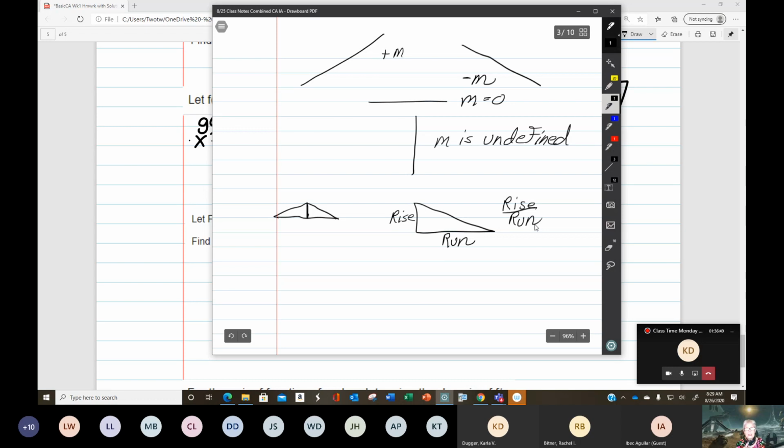But pitch is always turned into a percent, and the grade of a road is turned into a percent, a little bit different than we normally think of it. So you would end up giving a percent answer to pitch or grade.